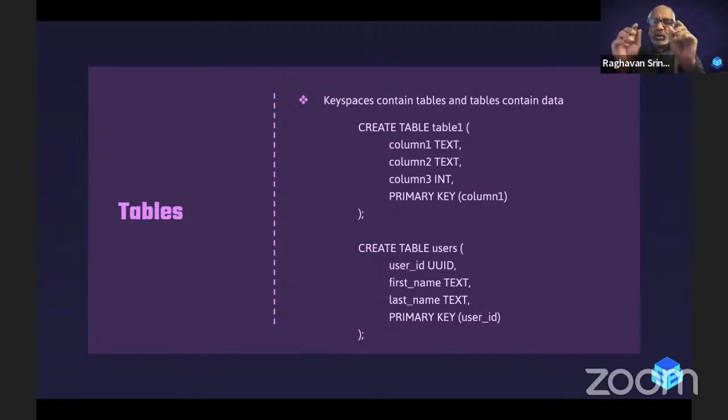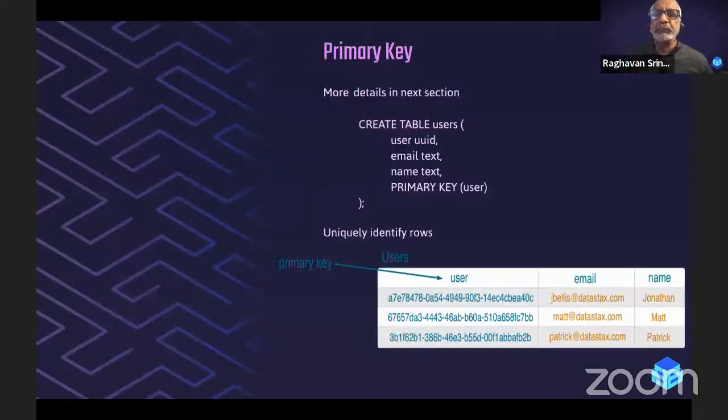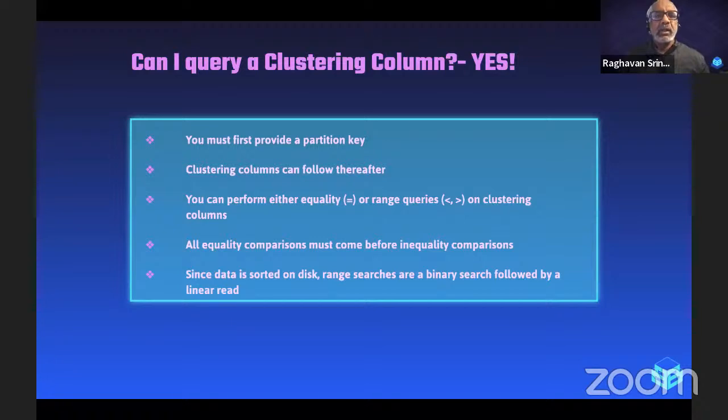What you would do is surround the user ID with parentheses indicating that it's the primary key, and then you'll have some clustering keys associated with that as well. I don't think there is too much here, but just an example. There's a primary key ordered by user ID.